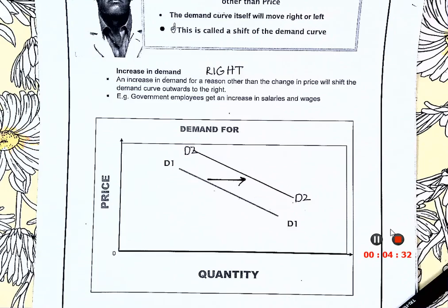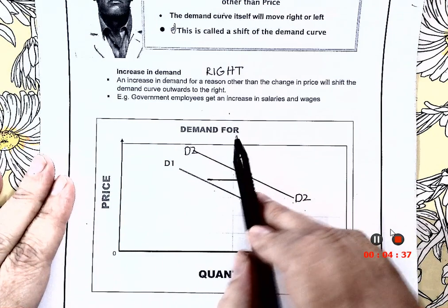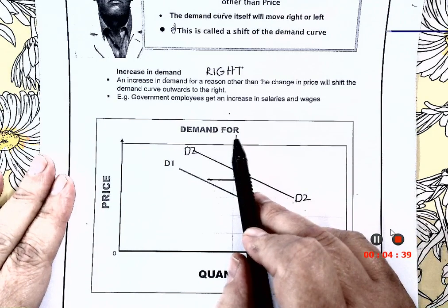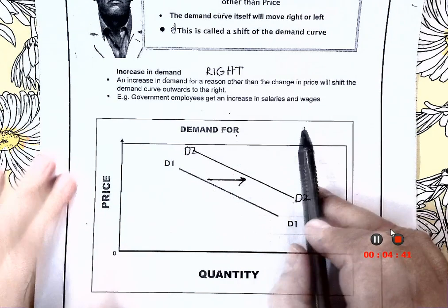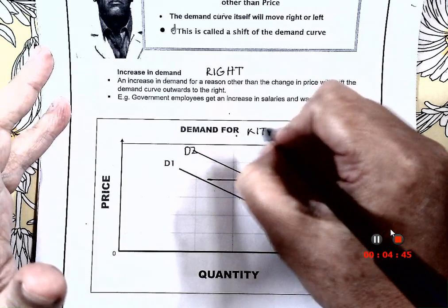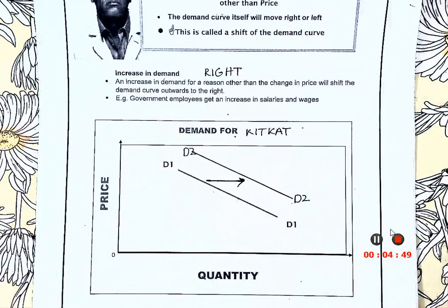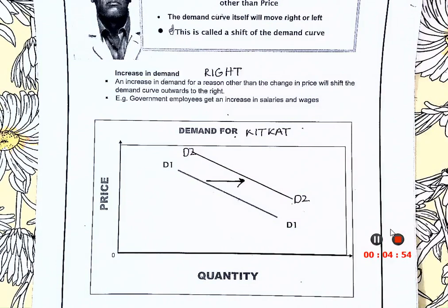Is this difficult? Now let me show you again. What did we forget here? The name of what we are looking for. Now, let's say for Kit Kats. I love Kit Kat. You can write any product there if you want.